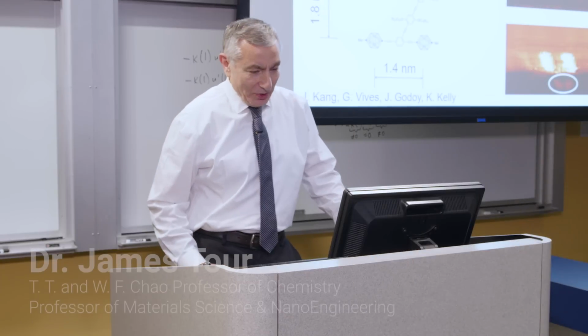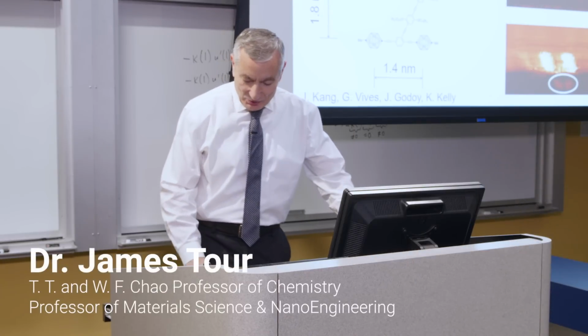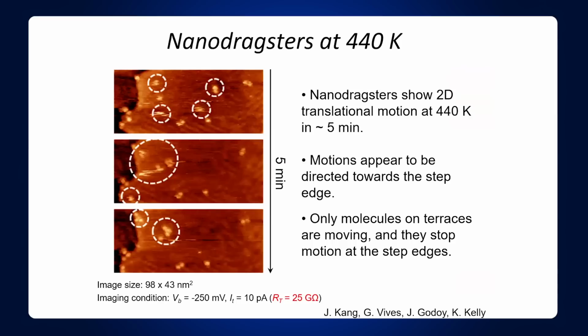So last time we finished up talking about nano dragsters. And we talked about how those will move toward a step edge. So if you heat it up, they'll move toward the step edge and then start going toward that charge at the step edge.